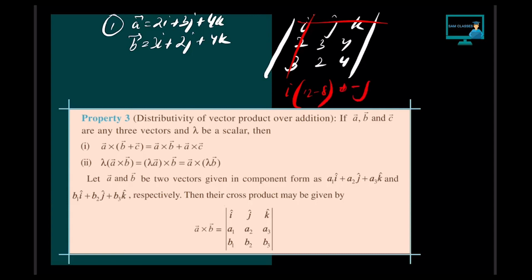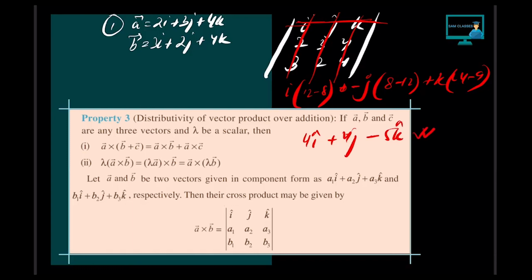Now j will be minus j, because in determinant we learned the second one carries a minus sign. Leave that row, leave that column: 8 minus 12. Plus for k, again leave that row, leave that column: 4 minus 9. So what have we got? 4 i cap plus 4 j cap, and then minus 5 k cap.